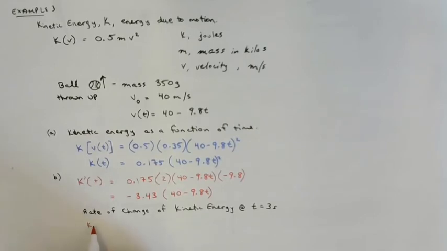All we have to do is take our derivative function of kinetic energy and sub in 3 for t. And if we do that, basically just putting a 3 here and calculating it out, we get negative 36.358, and that is meters per second.